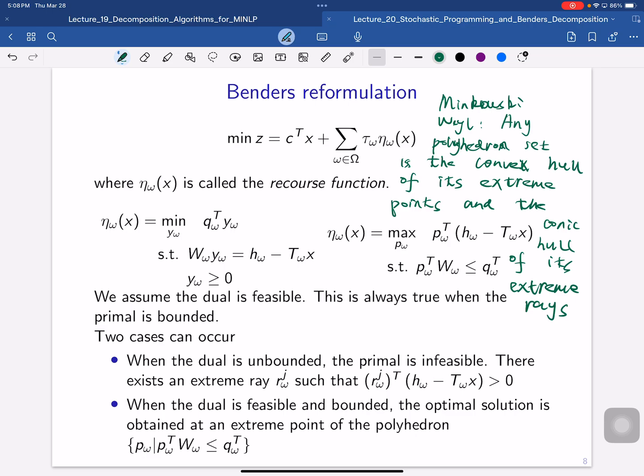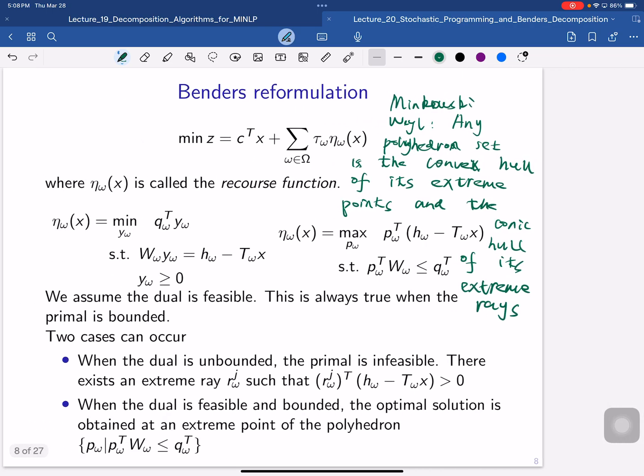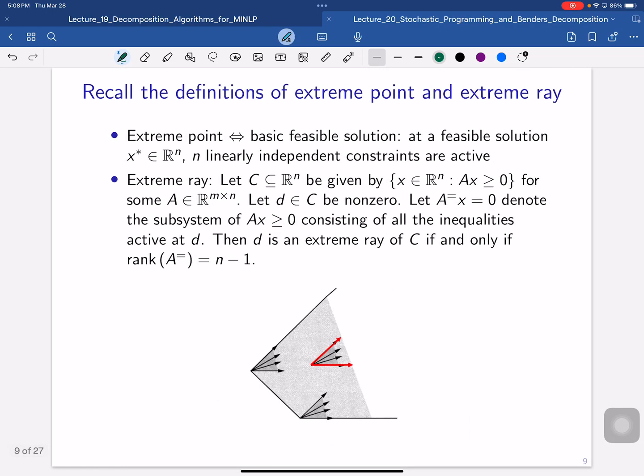So now when I write it down, does it at least sound a little bit familiar? Okay. So in other words, besides describing a linear programming problem with linear inequality constraints, you can describe any polyhedral set by its extreme points and extreme rays, right? Okay, so that's what we talked about before in the linear programming class.